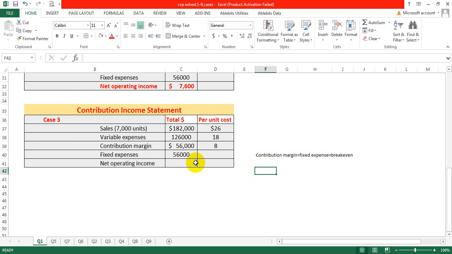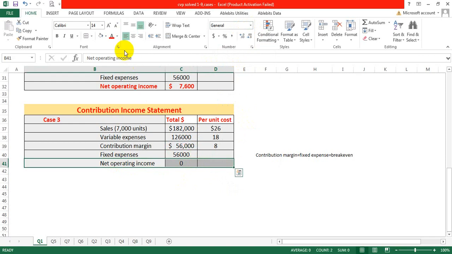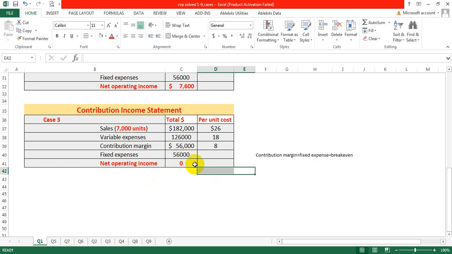So this is the break-even point where my net operating income is zero because contribution and fixed expense are equal, right? So we can say 7,000 units is my break-even units, and my net operating income at this point is 0, right? Clear?